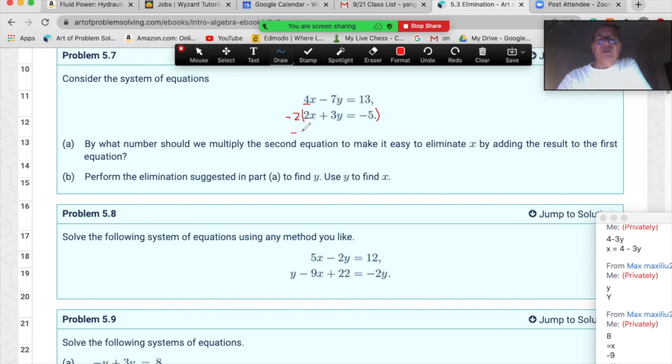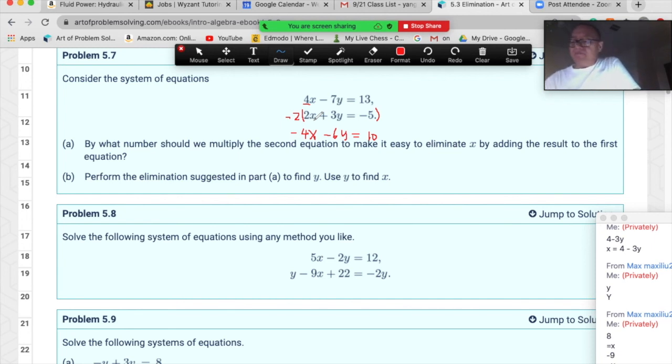Times negative 2, you get negative 4x minus 6y equals 10. When you multiply an equation by a number, this number should multiply all the terms in the equation. That's the reason we use negative 2 times all of the terms in this equation.